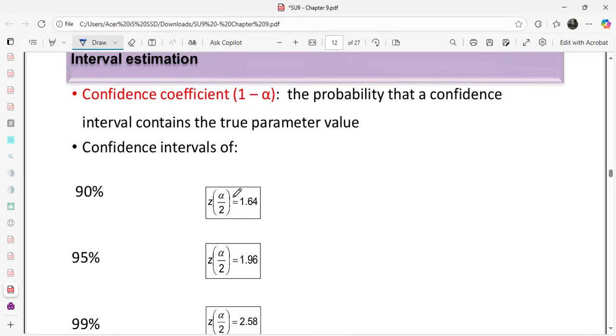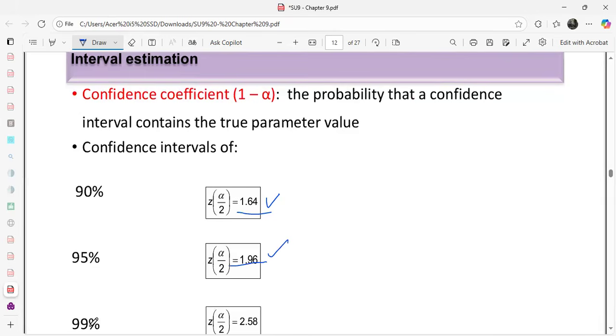Here, under the interval estimation, for students who are doing STTN122 and STTF122, the formula is straightforward because you just need to know that for the 90% confidence interval, you're going to use 1.64. For the 95% confidence interval, it's 1.96.